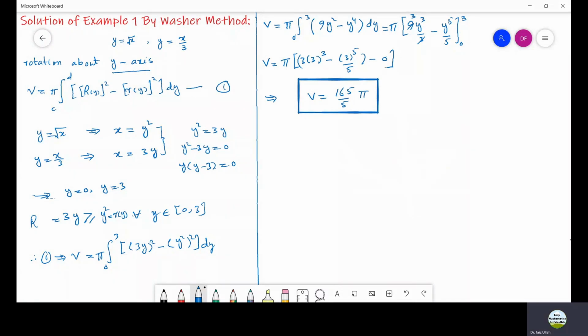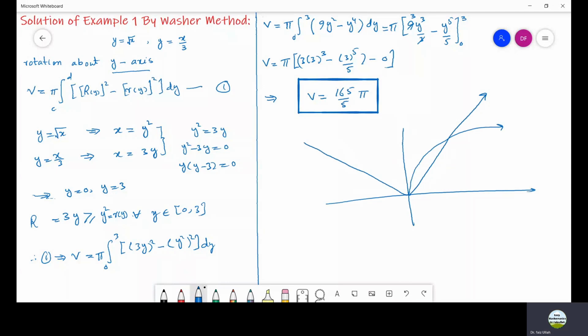Let us see the graph. This one is the graph of the function x equal to y squared, and this one is the graph of the function x equal to 3y.